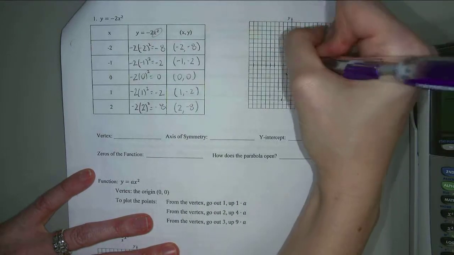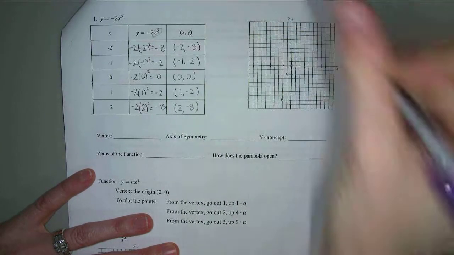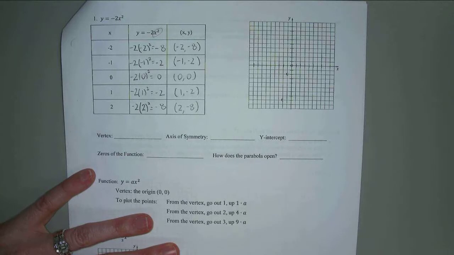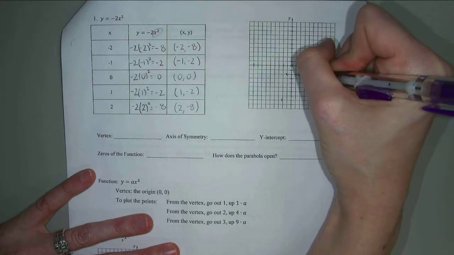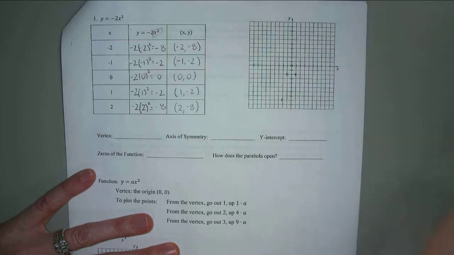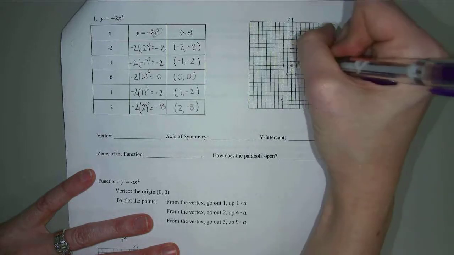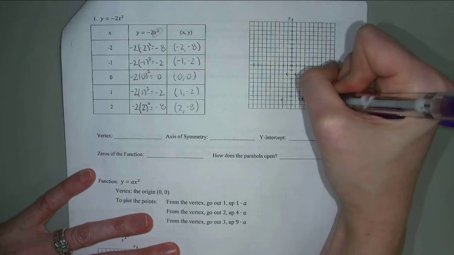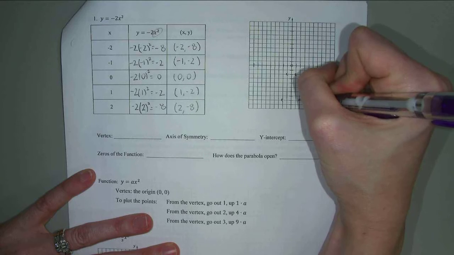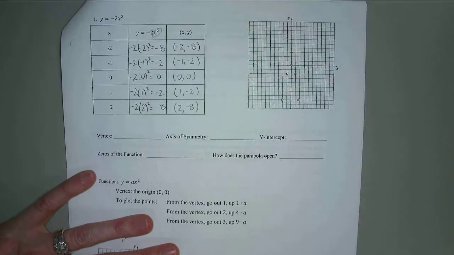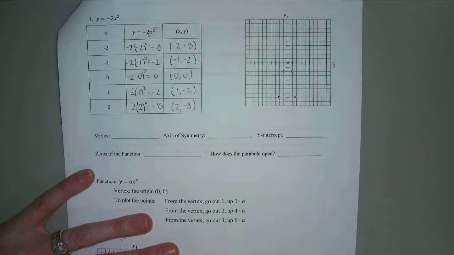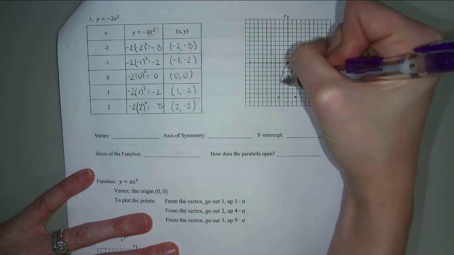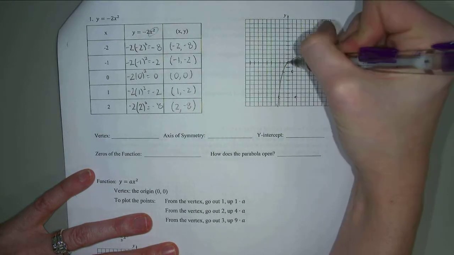It hasn't changed. It's staying at 0, 0. And then 1, negative 2 means go to the right 1, but go down 2. And then 2, negative 8 means go to the right 2 and then go down 8. But remember, it's just going to be right on the other side. It's symmetric. So again, try your best not to make it like a V. Try to make it kind of curved. So we have the symmetric parabola going on here.